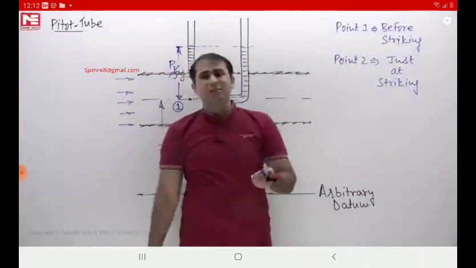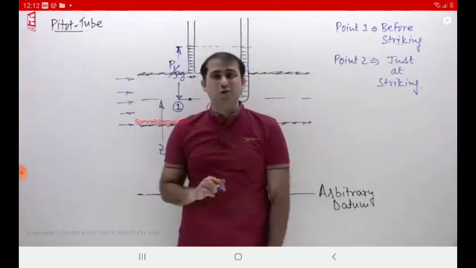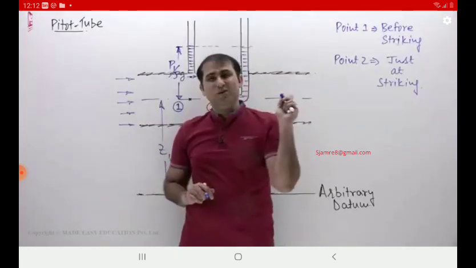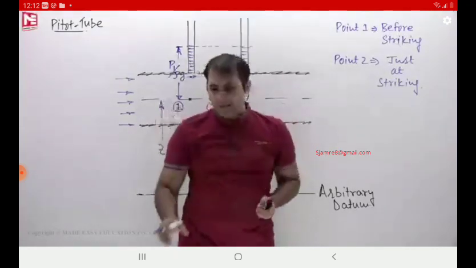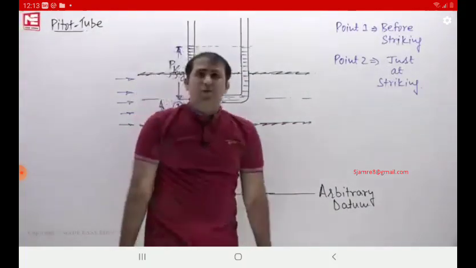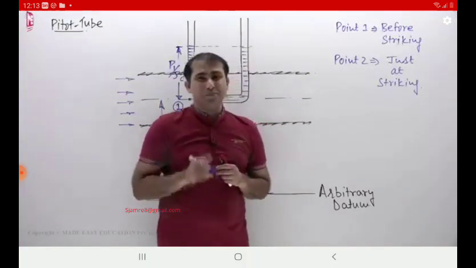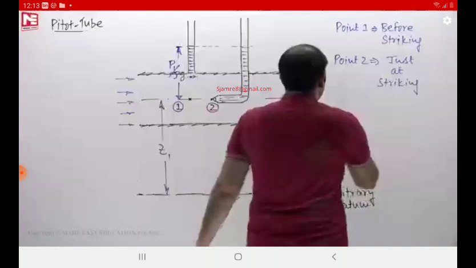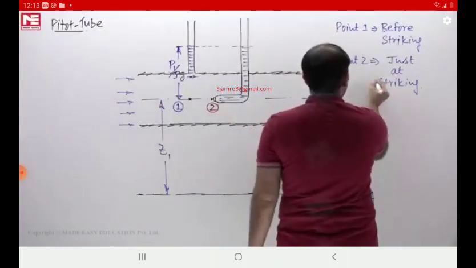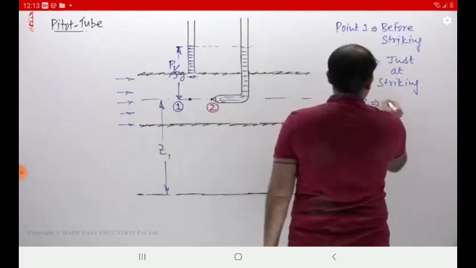Just at striking, that means point 2 is a stagnation point. The velocity here will become equal to 0. We have had a very good discussion in kinematics. In kinematics, we had a very, very good discussion related to the stagnation point. So point 2 is the stagnation point.